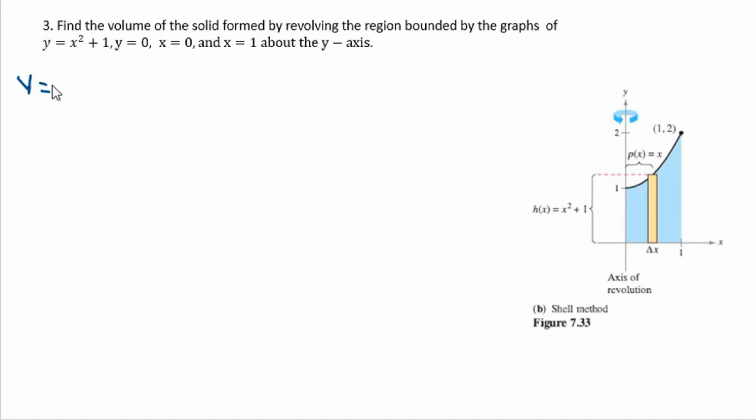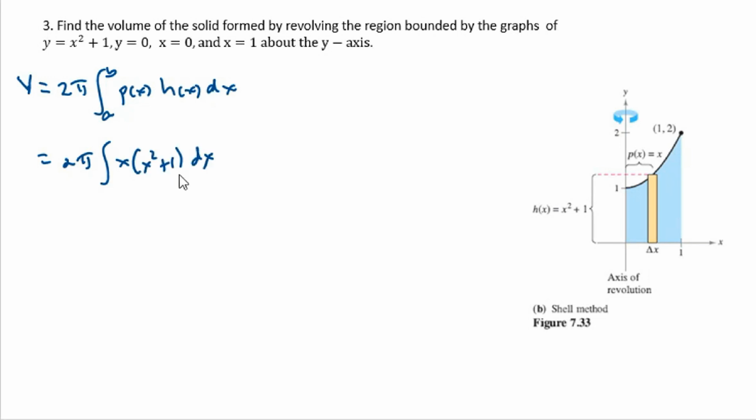Volume is equal to 2 pi times the integral of p of x times h of x dx from a to b. So we have 2 pi, the value of p of x is equal to x, and the value of h of x is x squared plus 1, so times x squared plus 1 dx, and the interval is from 0 to 1.